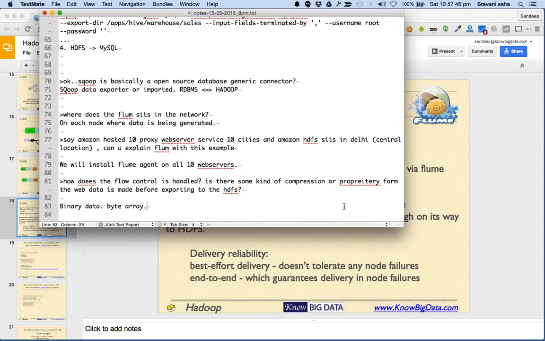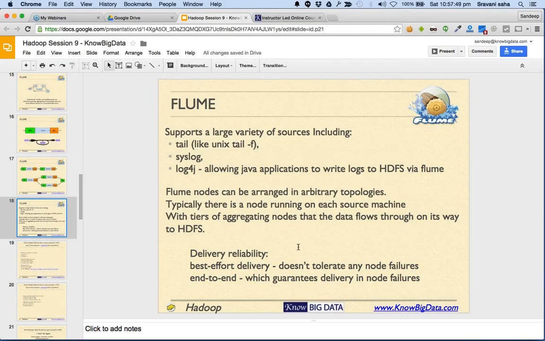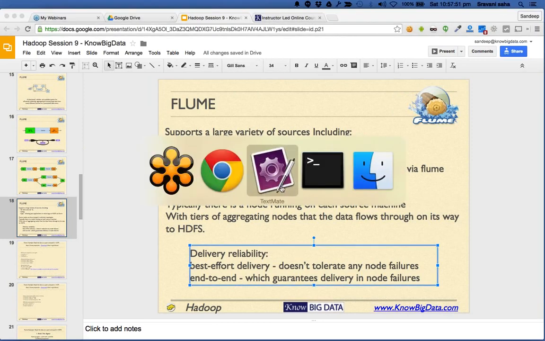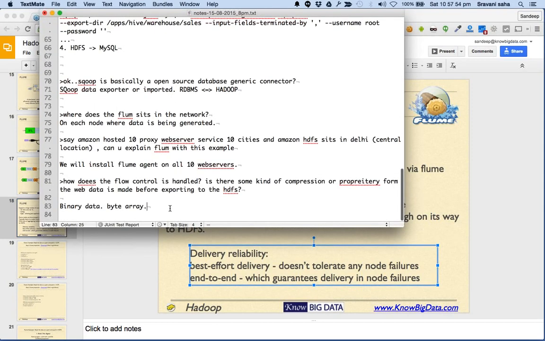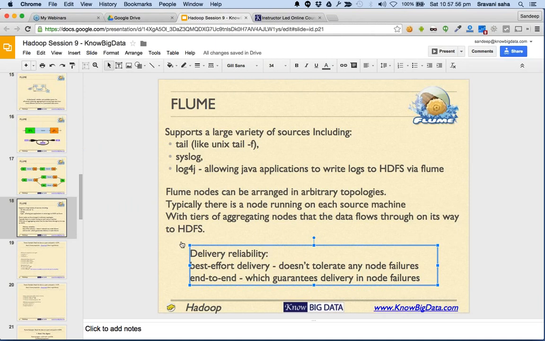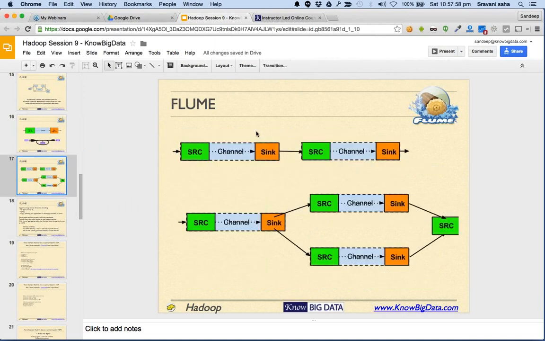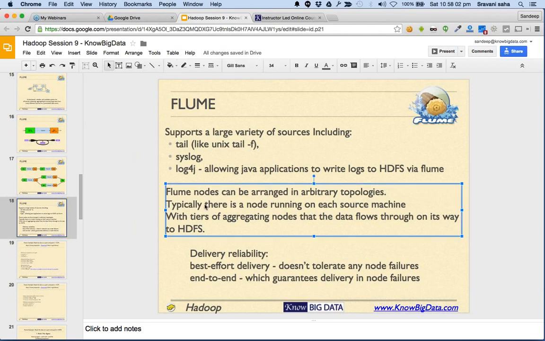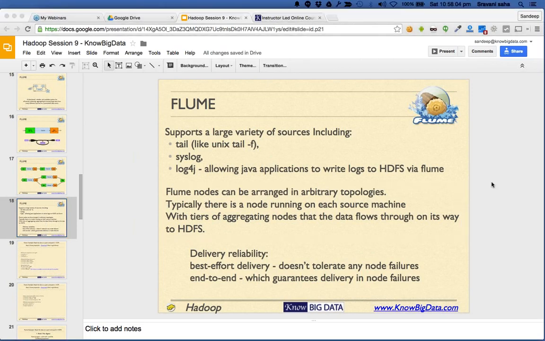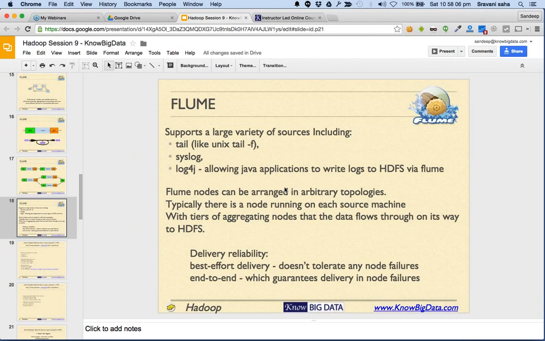I'll show you the format in which it is kept. It's not compressed, but you can compress it. You can have different kinds of channels to compress the data, or different kinds of sinks which do various kinds of jobs. Like a compression job could be one sink, and you can connect these.